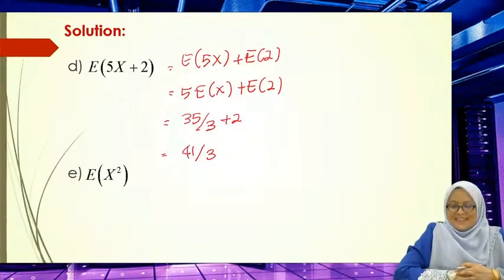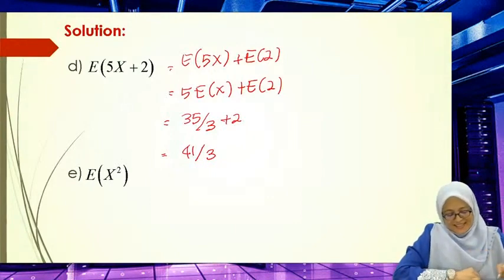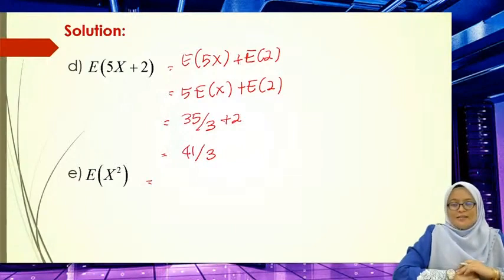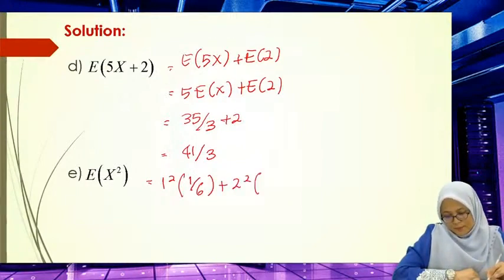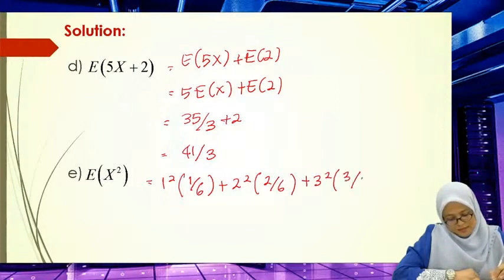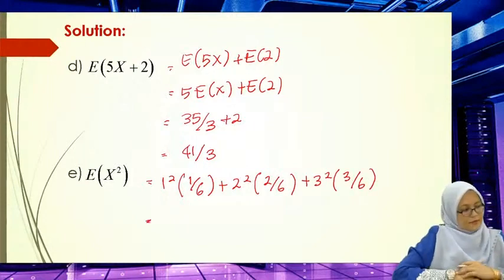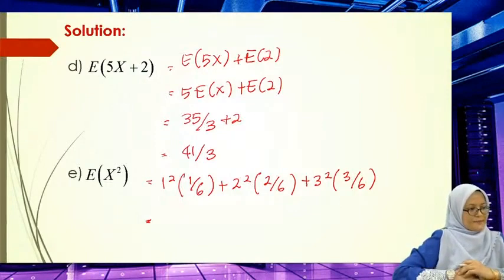Okay, so then expectation X square. Okay, so sekarang ni cari pula expectation X square. So expectation X square ni means that you kena square you punya nilai X tadi tu. So means that 1 square multiply dia punya probability 1 over 6. Plus 2 square multiply with your probability is 2 over 6. Plus 3 square multiply with 3 over 6. Okay, calculate what is the value for expectation X square.